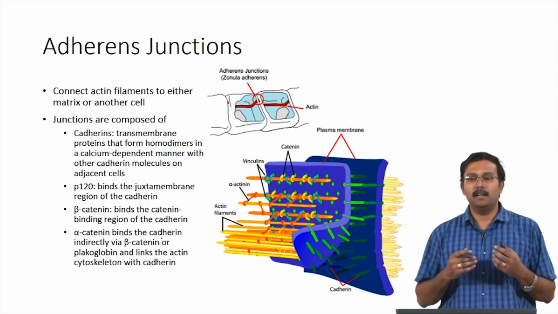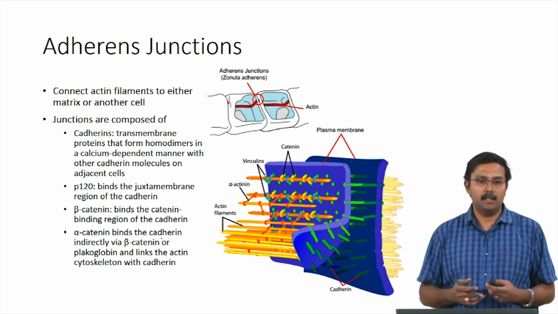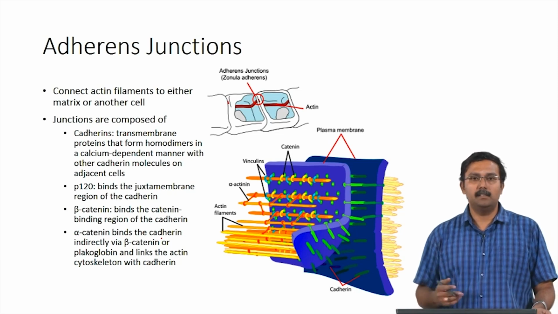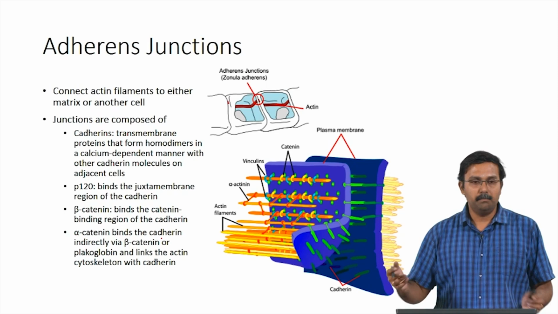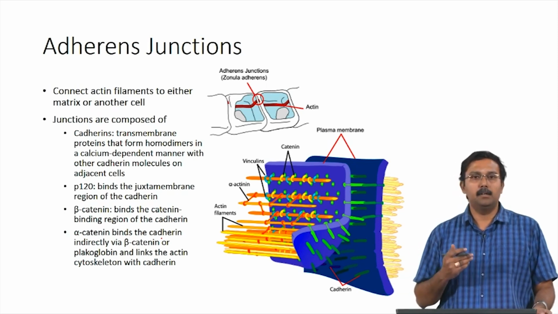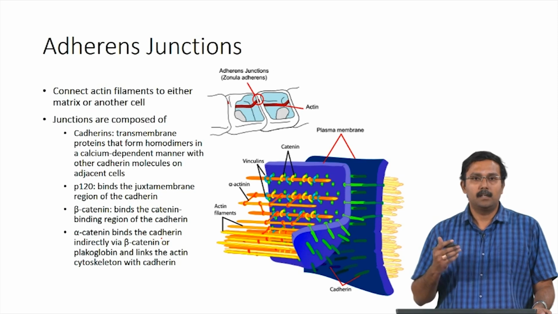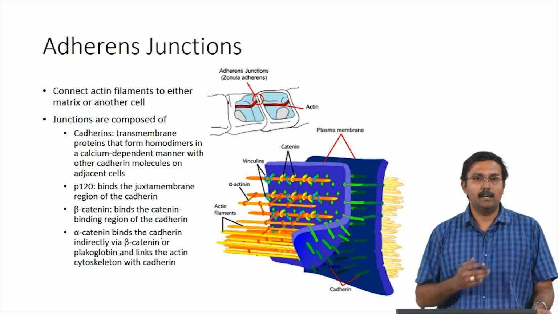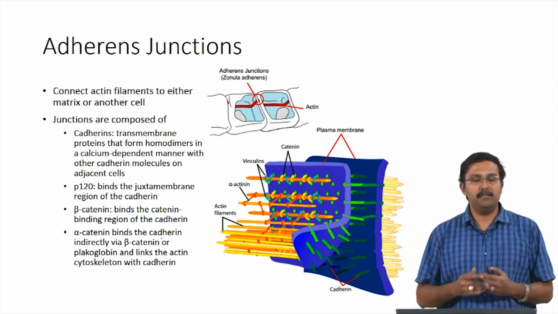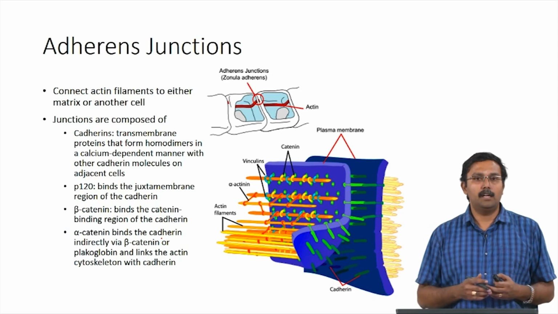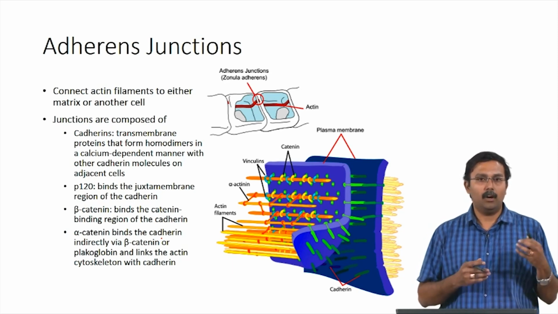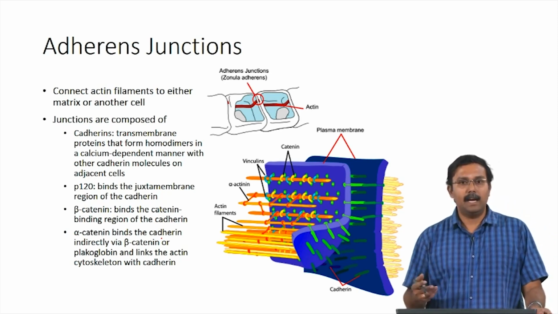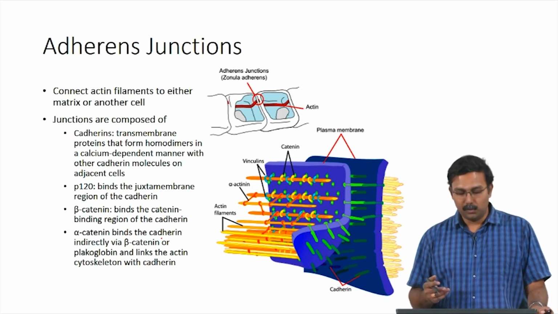So, cadherins require calcium to be active, and p120 binds the membrane region of the cadherin, and beta catenin binds the catenin binding region of the cadherin, and alpha catenin binds the cadherin indirectly via beta catenin or to the cytoskeleton or to the plakoglobin, which would be the intermediate filaments, and links it to the actin with the cadherin. Okay. So, these are just the structure.